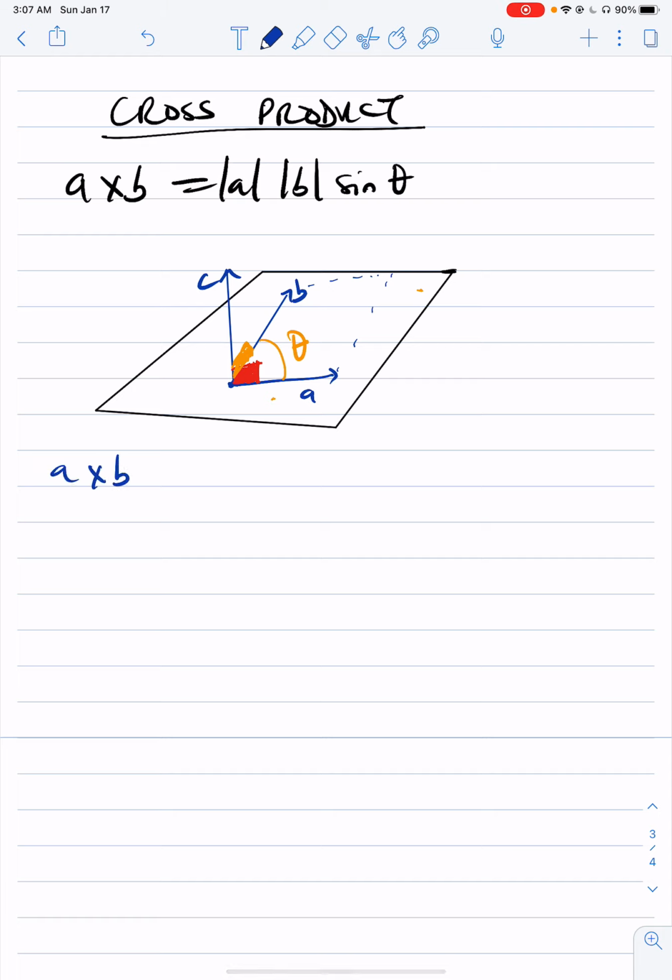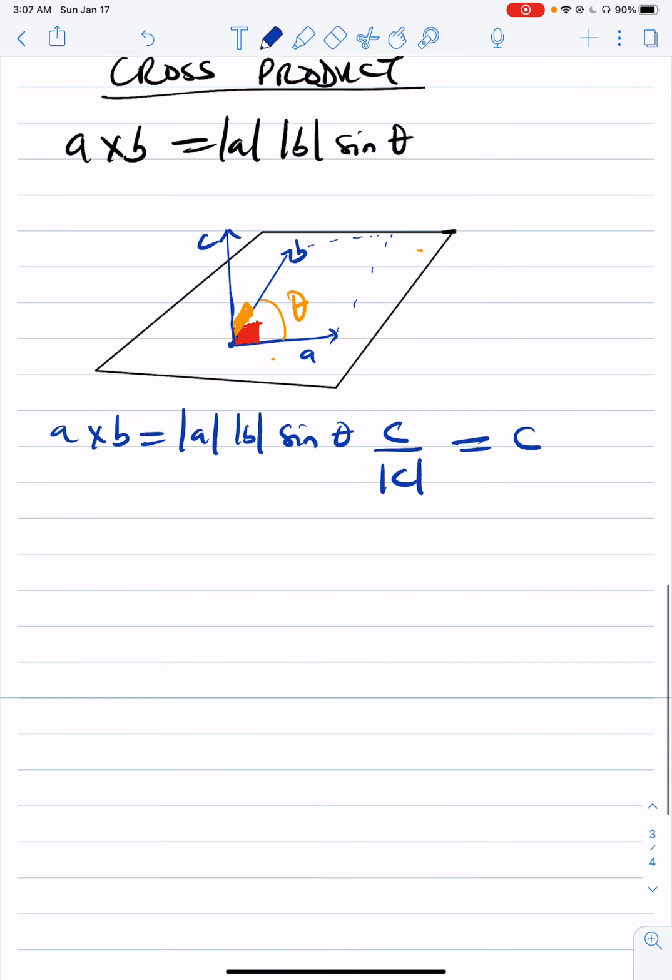A cross B is equal to magnitude of A times magnitude of B sine theta, based on what we have here. But in this case, we have a third vector, which is C, right? So what I've just written is this expression that says A cross B is equal to the magnitude of A times the magnitude of B sine theta, then times the unit vector.